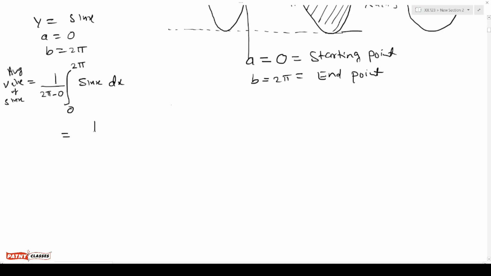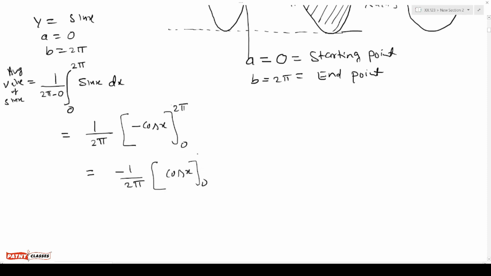So this equals 1 upon 2 pi as it is, and the integration of sin x is minus cos x, with limits 0 to 2 pi. Taking minus common, we get minus 1 upon 2 pi times cos x, with limits 0 to 2 pi. Now applying the limits, upper limit minus lower limit, cos 2 pi minus cos 0.